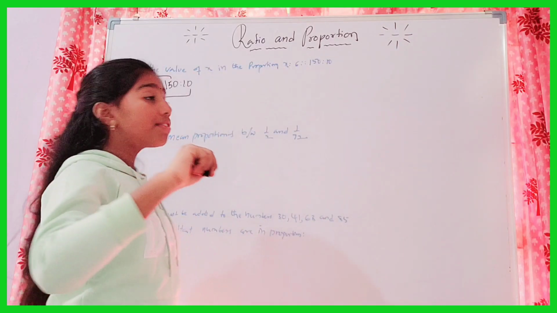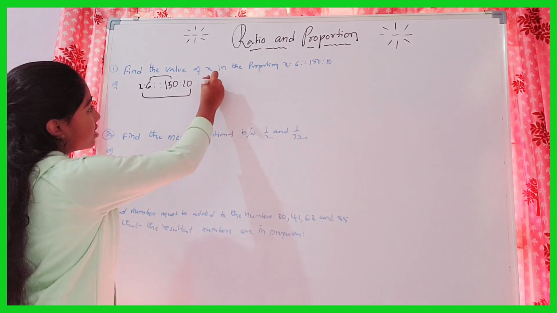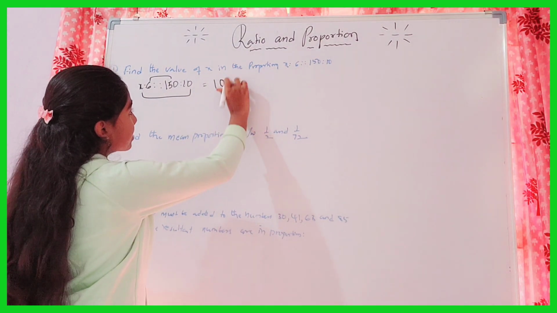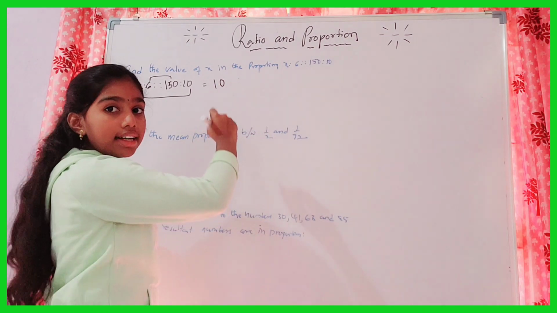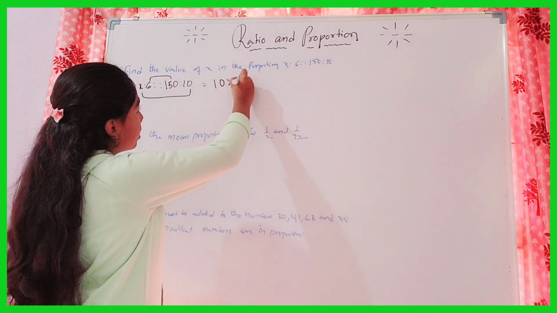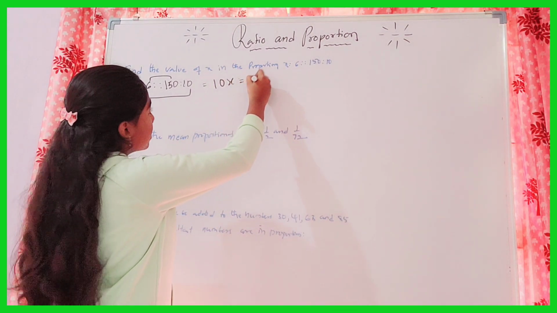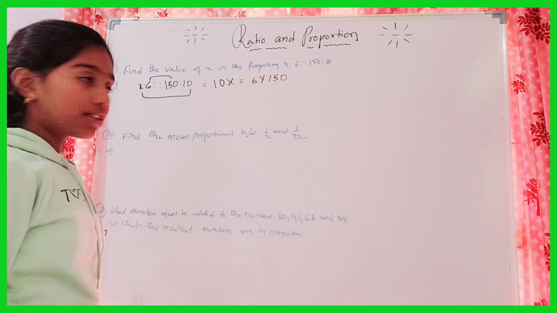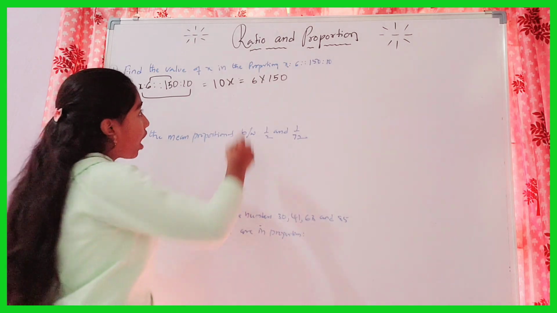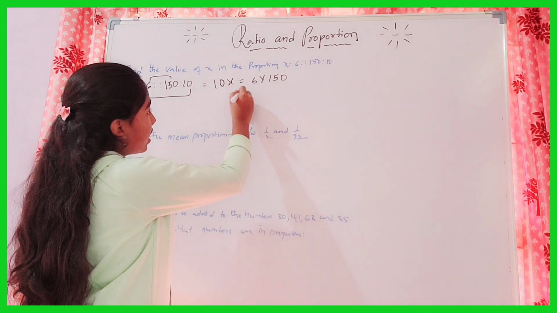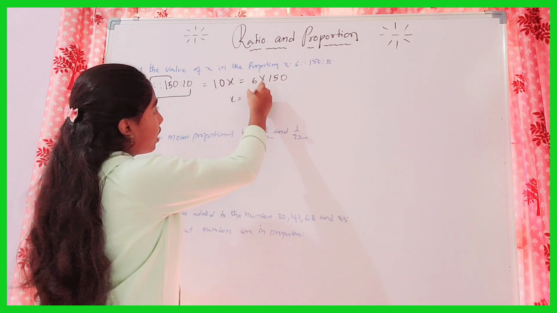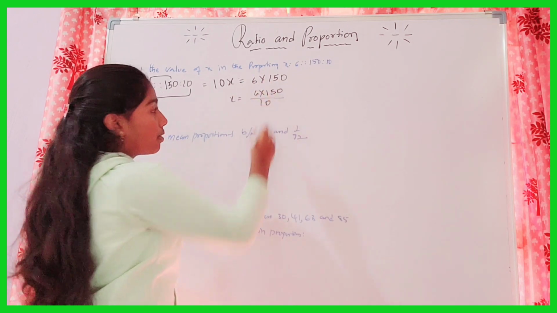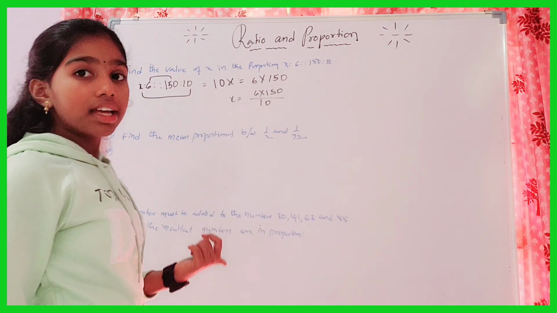So the product of extremes, 10x, is equal to 6 into 150. Now when we take 10 to the other side, that will be 6 into 150 by 10.